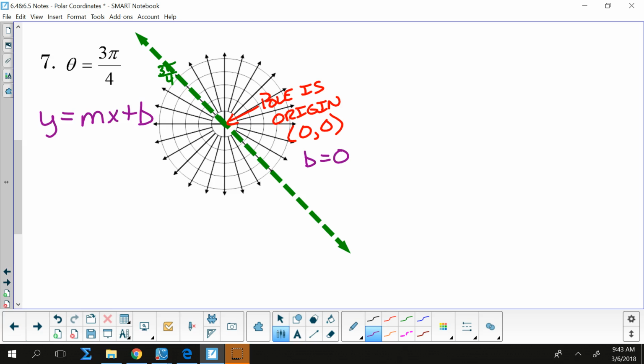But we're thinking rectangularly though, right? So what's another point that it goes through? It goes through the origin. What's another point that this one goes through?